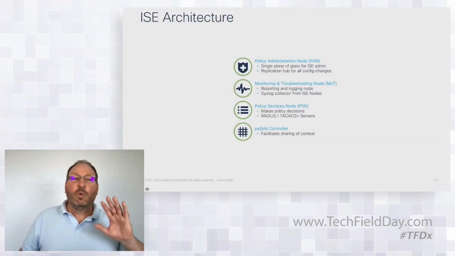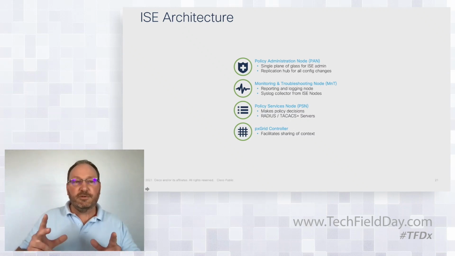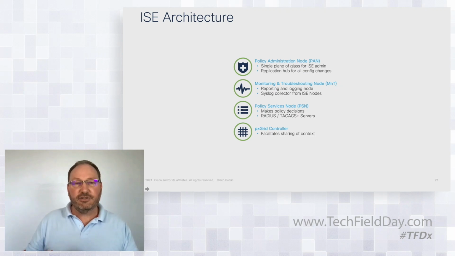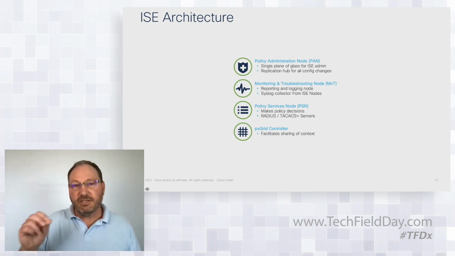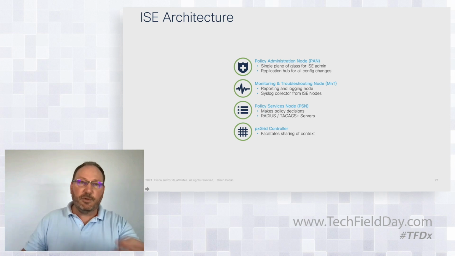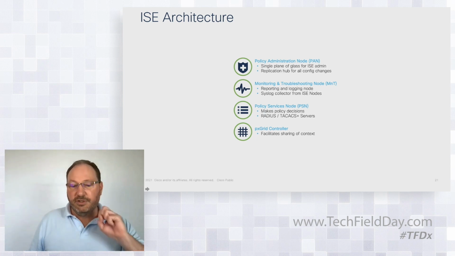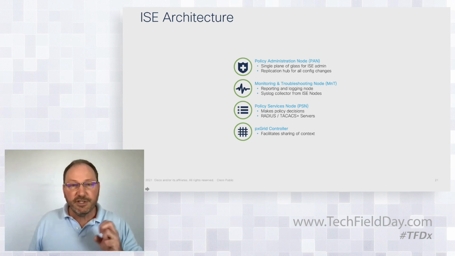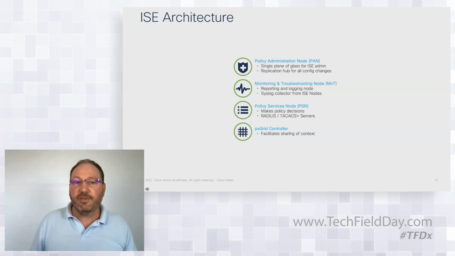What we do a little bit differently, that I wanted to make sure everybody has a chance to understand, is the architecture. I mentioned that we have a policy administration node where we use REST APIs to configure things. We also have a monitoring and troubleshooting node where all of the logs go. If you wanted to pull reports, or do queries for sessions, those APIs would go to that node.